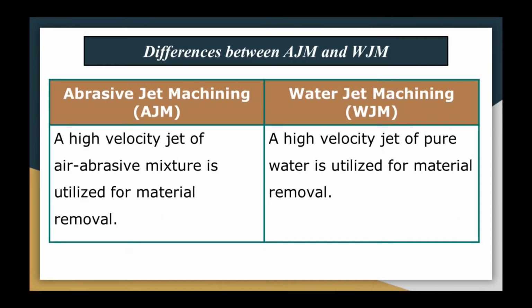Let us discuss the differences between AJM and WJM. Here I have made two columns. In one column I am going to tell the points regarding AJM, and in the second column the points regarding WJM. The first difference is that a high velocity jet of air abrasive mixture is utilized for material removal in case of AJM, and a high velocity jet of pure water is utilized in case of WJM.